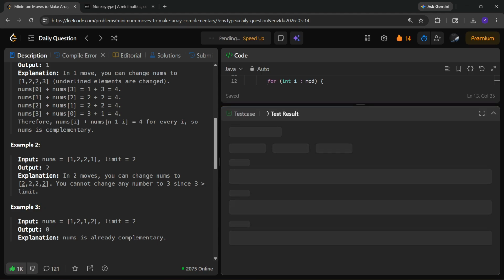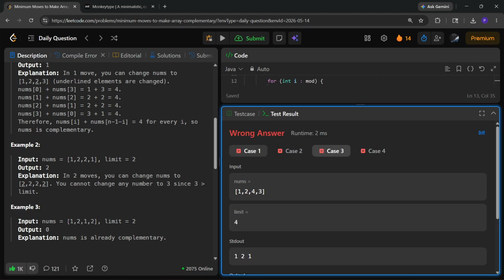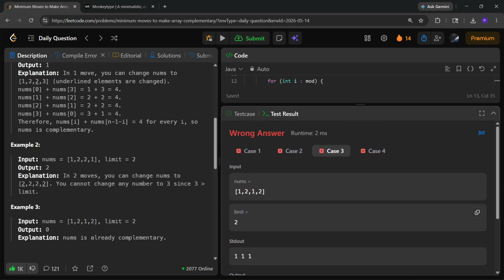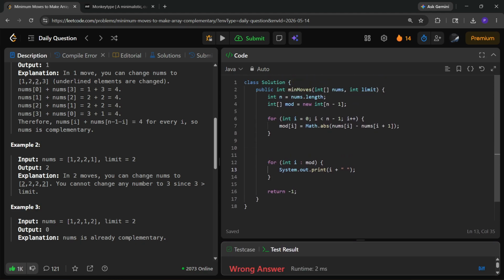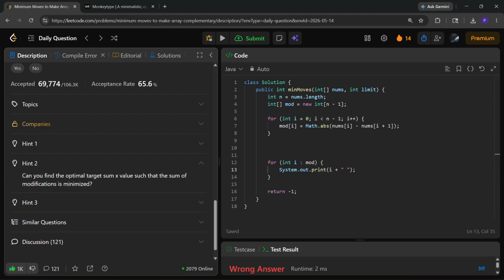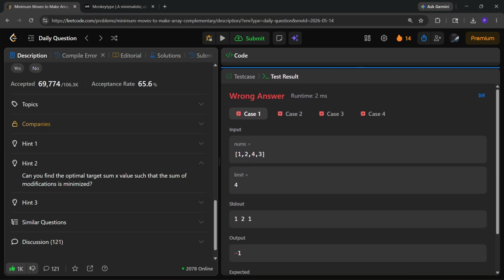Hmm. What was the hence? Not this. It's the minimum sum I can get.